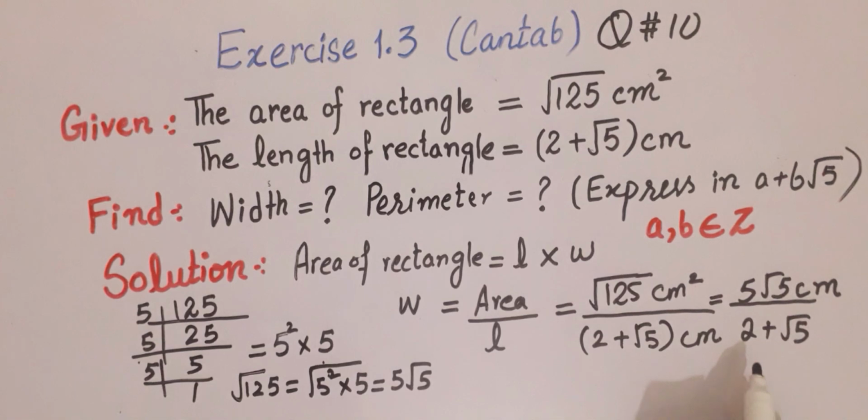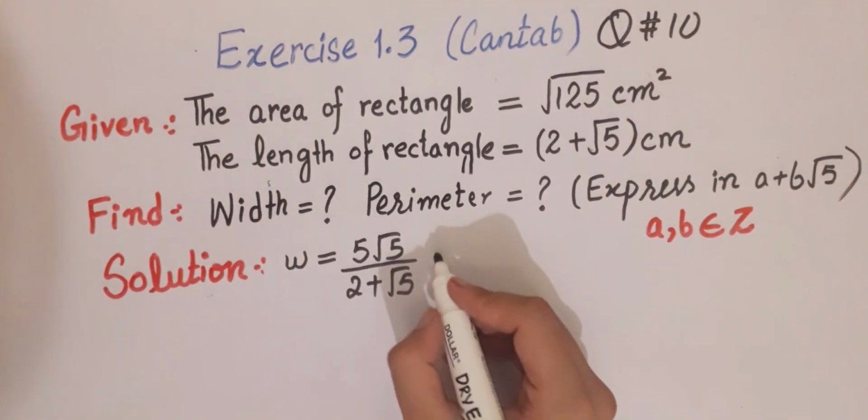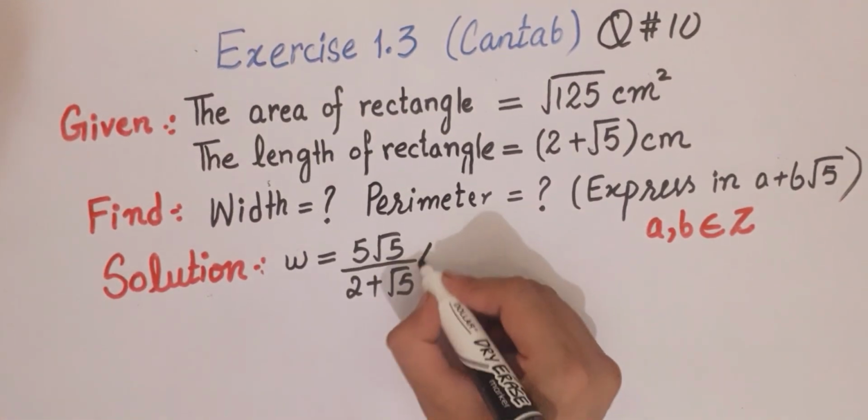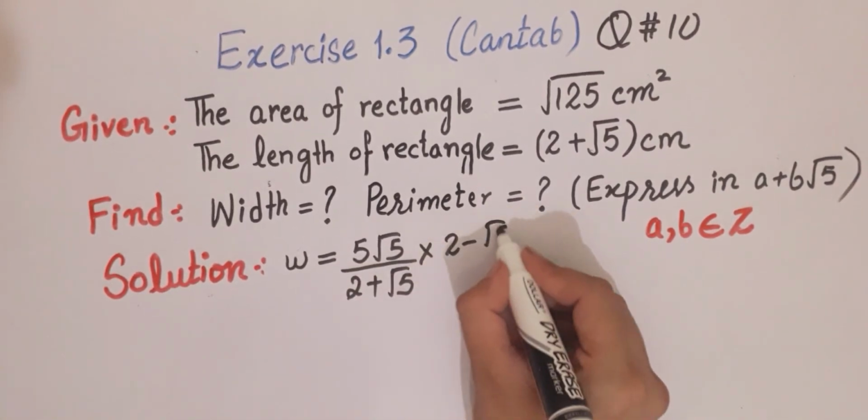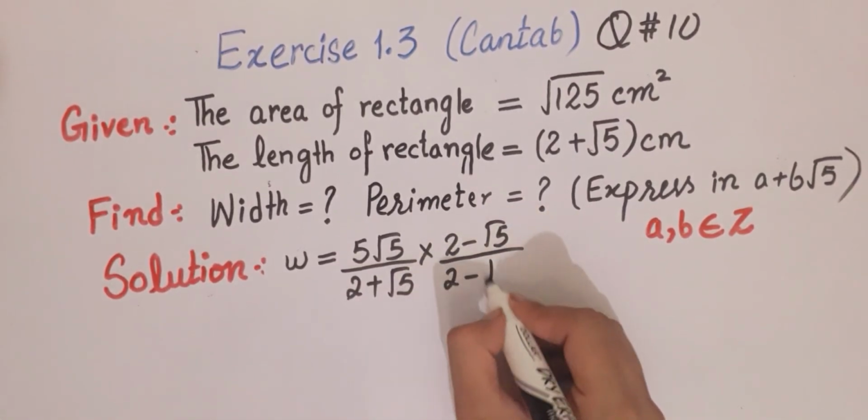Now we will rationalize this. We will multiply and divide this by conjugate of this, that is 2 minus square root of 5 by 2 minus square root of 5.